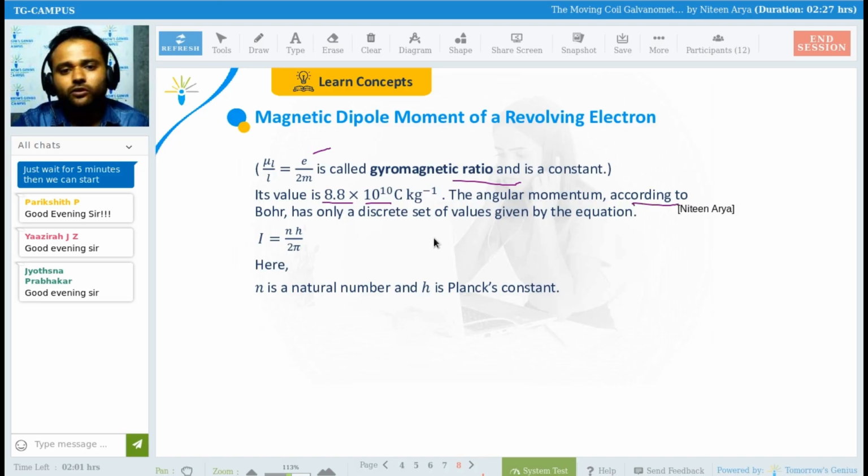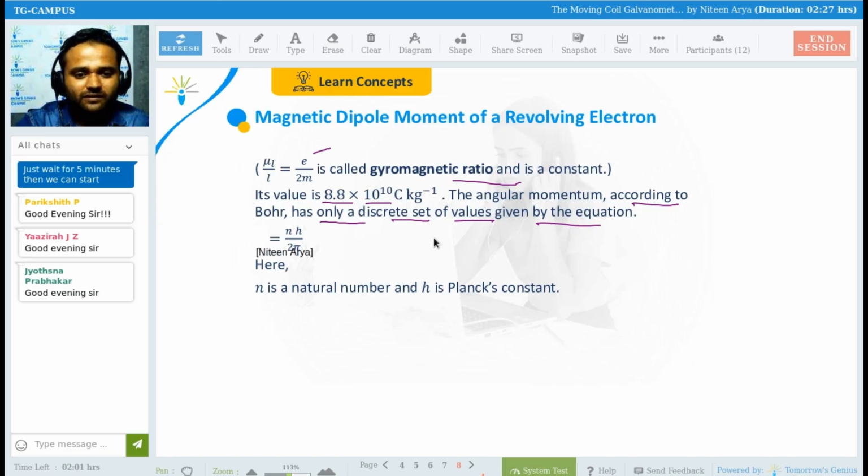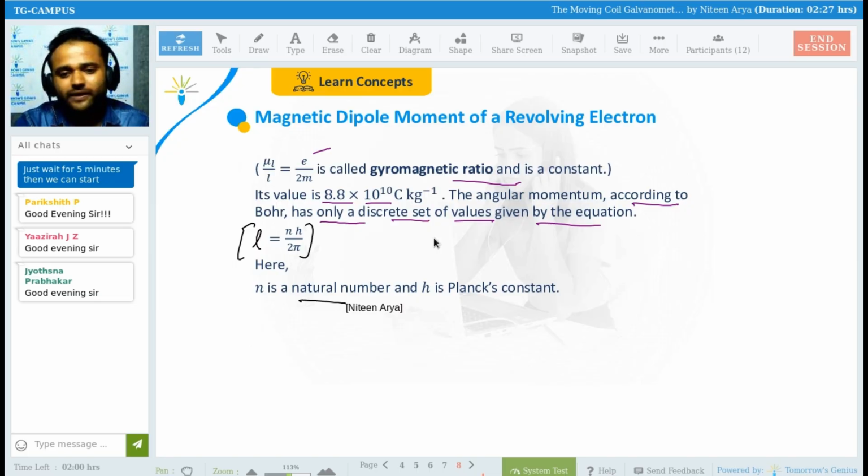The angular momentum according to Bohr has only a discrete set of values given by the equation, which is L equals, that is not I, it is L. It looks like I, but it is in general L. Let me write that. L equals nh by 2 pi. Here n is a quantum number, or you can say principal quantum number, or natural number also: 1, 2, 3, 4, 5, 6, anything, and h is the Planck constant.